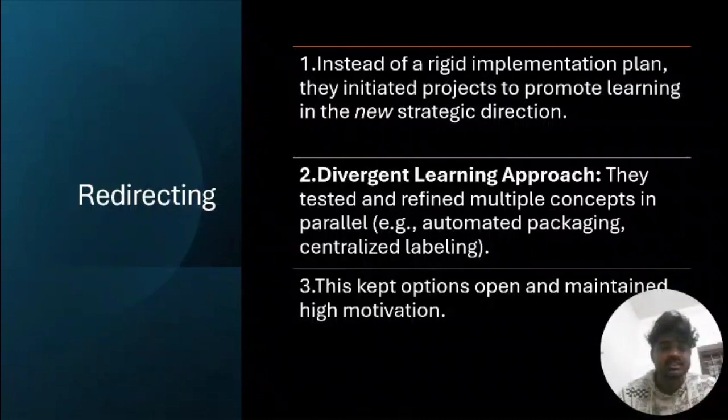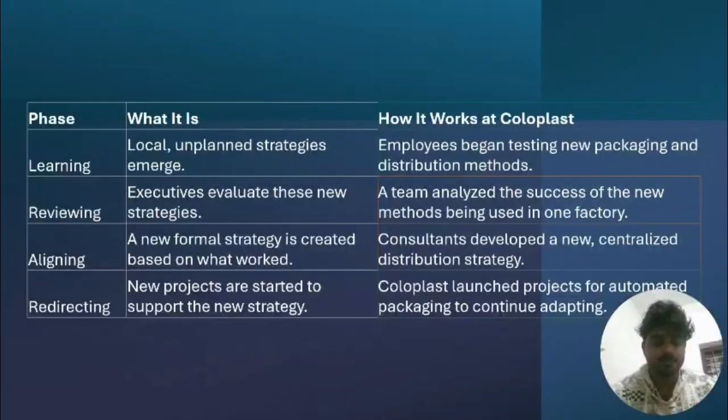In this approach, they tried several ideas at the same time, like automated packaging and centralized labeling, to see which would work best. They also kept many choices open, which kept every employee motivated in their work, which will benefit the organization.